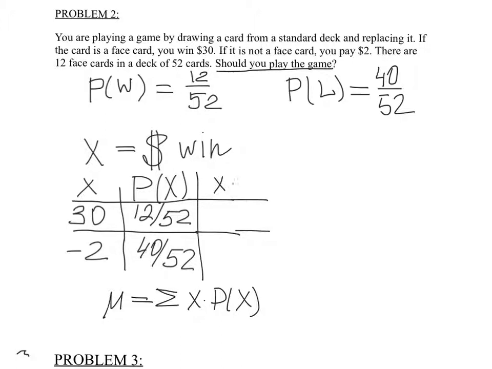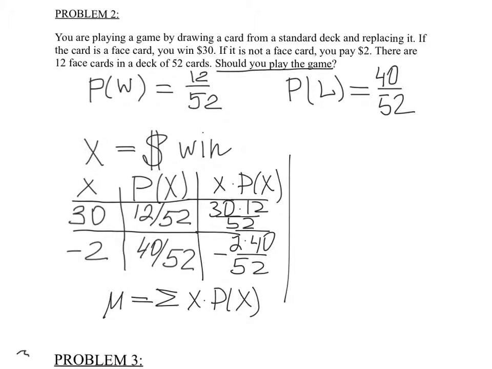So I will find x times p of x here. So that would be 30 times 12 over 52. And this will be negative 2 times 40 over 52. For convenience, I will move for addition here. 30 times 12 over 52 minus 2 times 40 over 52.